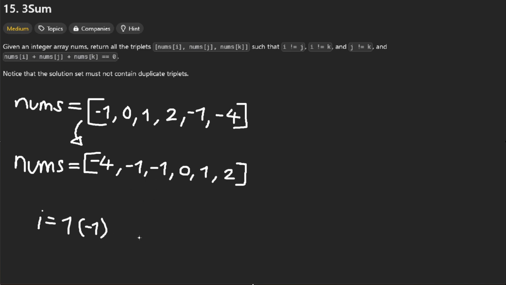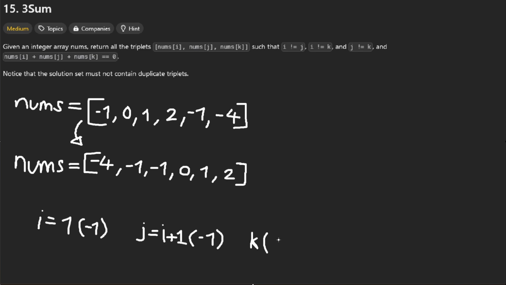We'll initialize j to be wherever i plus 1 is, which in this case would also be -1. And we'll initialize our second pointer k at the back of the array, so in this case it will be the length of the array minus 1.